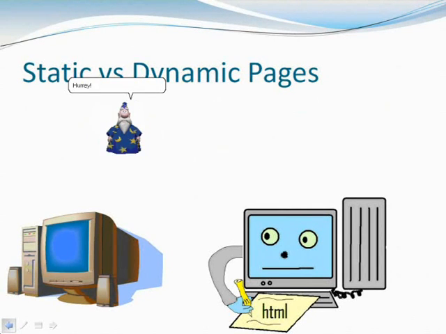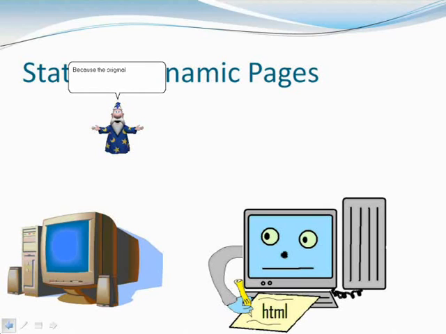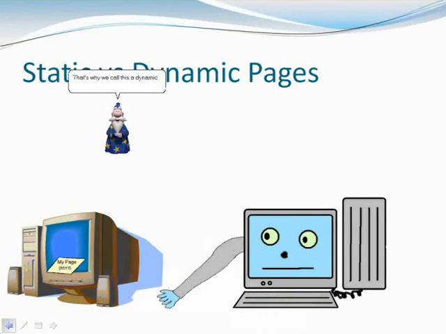Hooray! Because the original page, ASPX, contains code with instructions, the server needs to dynamically create a new HTML page for the client requester computer that shows the data requested so the client's browser can do the HTML interpretation. That's why we call this a dynamic web page.